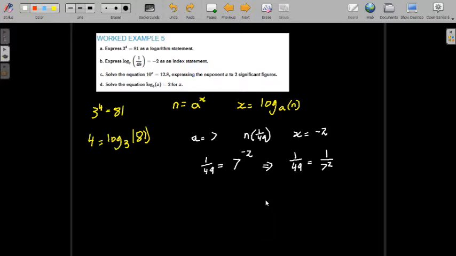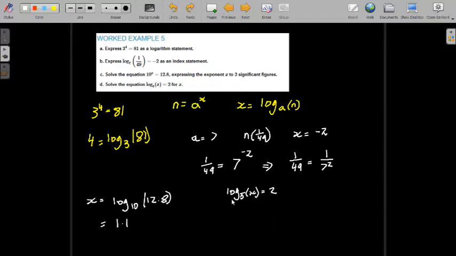Part C, so solve the equation expressing the exponent x to two significant figures. So again, I've got x equals log, and a is going to be 10, n is going to be 12.8. Using our calculator, we'll get 1.1. Then part D, solve the equation log 5 of x equals 2.